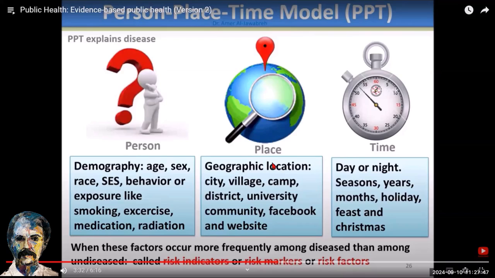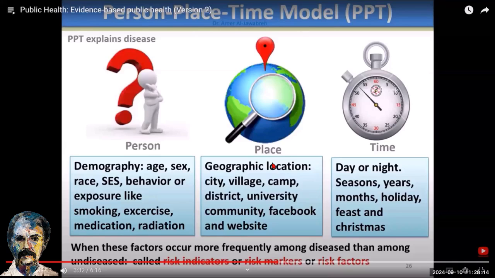And then time: day and night. Fever at night is, for instance, more severe than in the day. If you remember, last time we talked about viral meningitis and how it peaks in summer and goes down in winter. We talked about leishmaniasis, how it is in winter in Jericho, and in summer there are very few cases. So time plays a role.